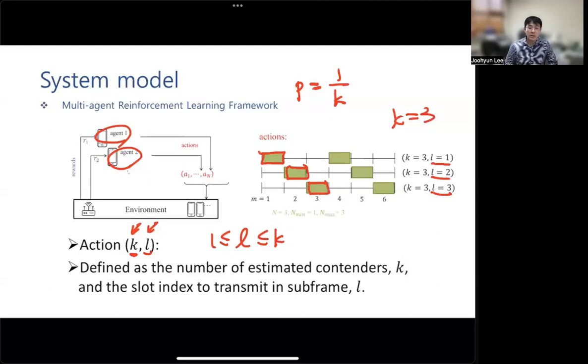So ideally, if there were actually 3 users nearby, and if each user chooses different actions when k equals 3, then that will be the ideal case where we have the efficiency of 1.